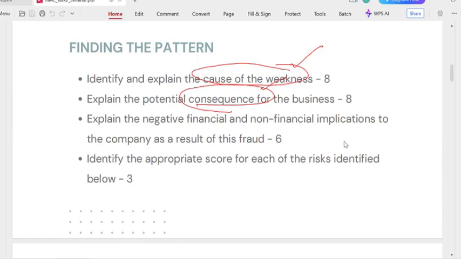What are going to be the negative financial and non-financial implications to the company? Okay. And then we have the question like identify the appropriate score for each of the risks identified. So here we are going to learn scoring. I hope most of you already know.